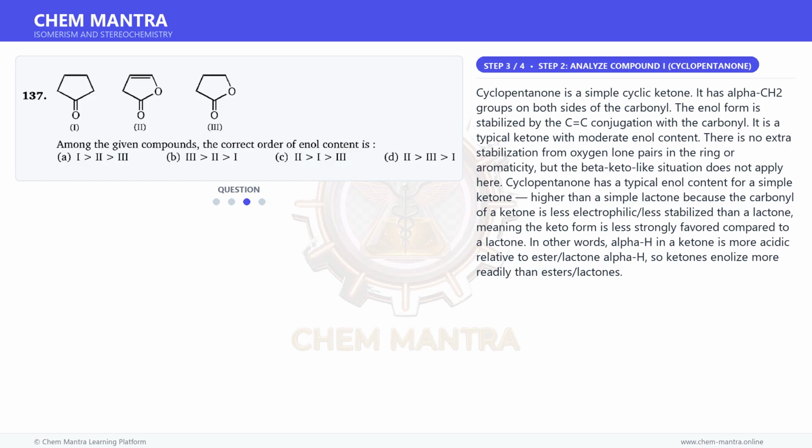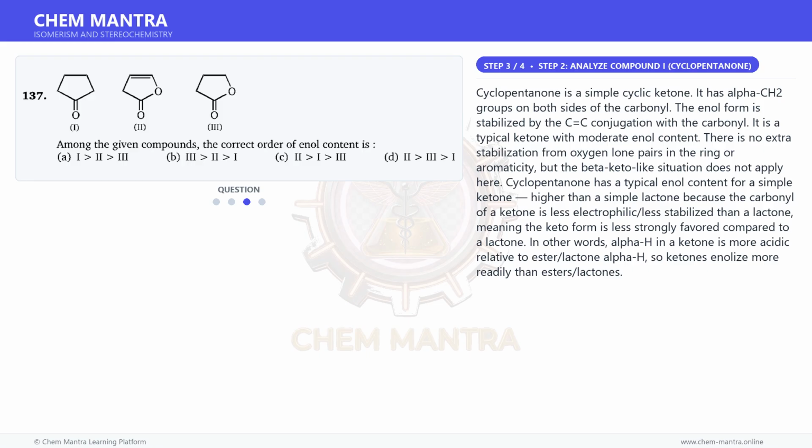Moving on to the next step. Cyclopentanone is a simple cyclic ketone. It has alpha CH2 groups on both sides of the carbonyl. The enol form is stabilized by the C=C conjugation with the carbonyl. It is a typical ketone with moderate enol content. There is no extra stabilization from oxygen lone pairs in the ring or aromaticity, but the beta-keto-like situation does not apply here.